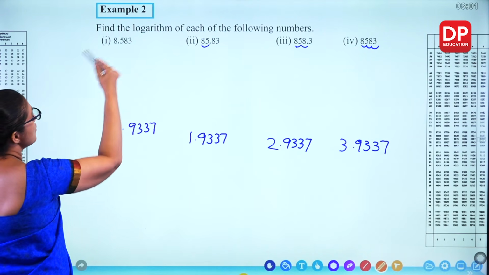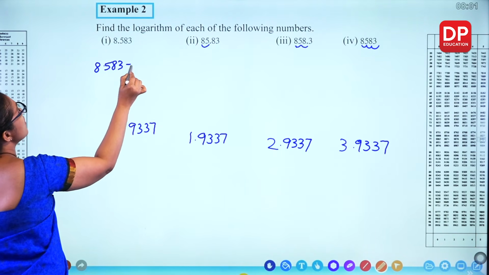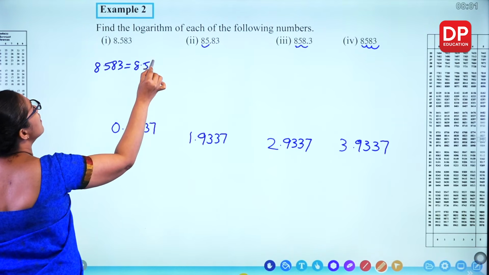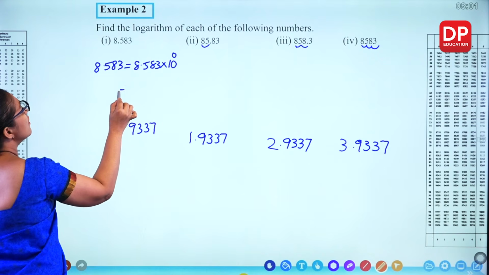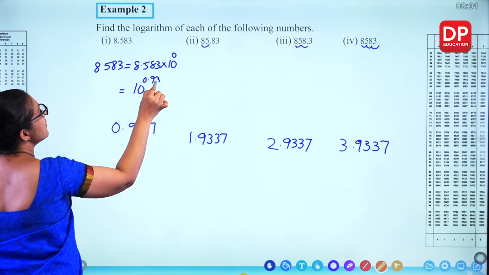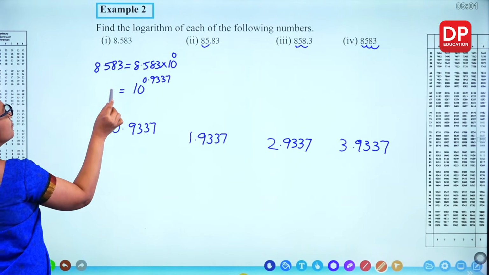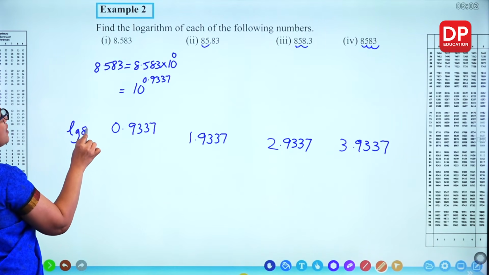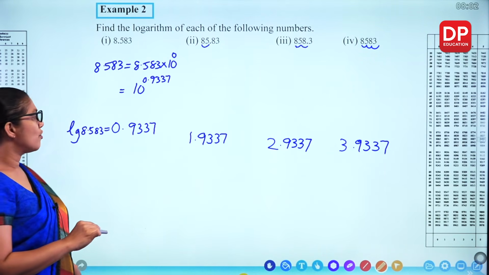If you write down separately, I can write 8.583 is equal to 10 to the power 0.9337. And LG value. LG of 8.583 is this value, the logarithmic value of this.